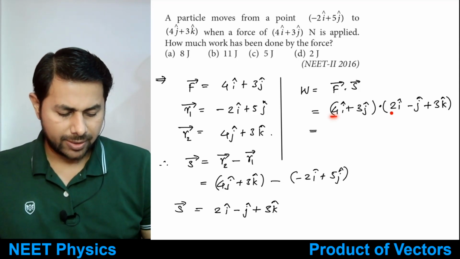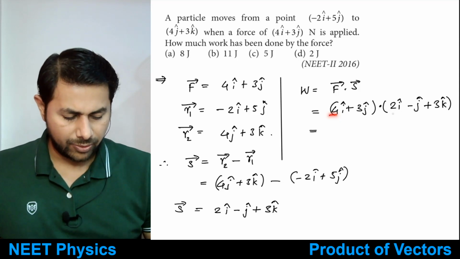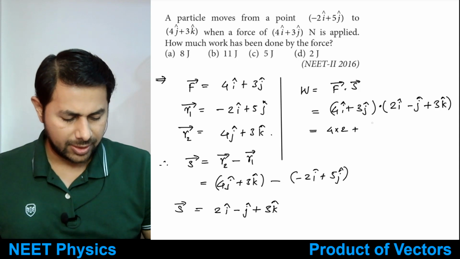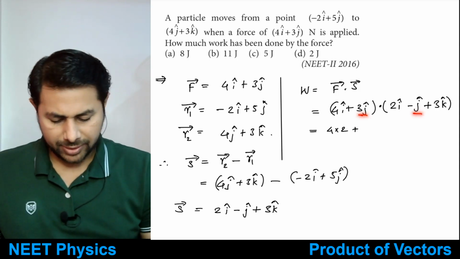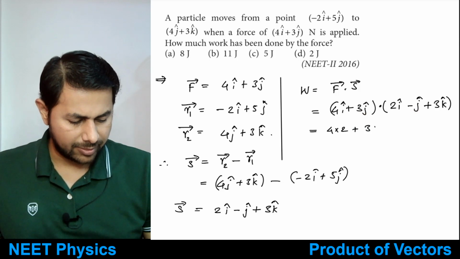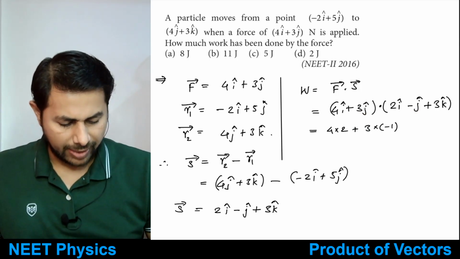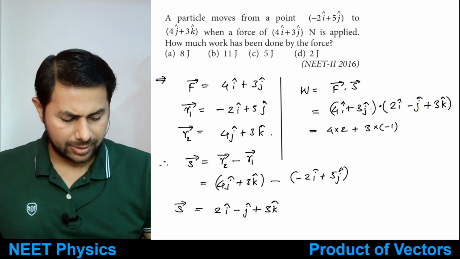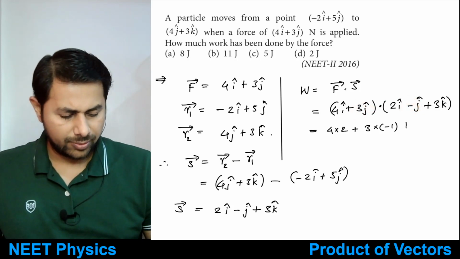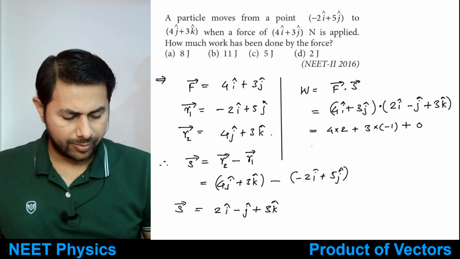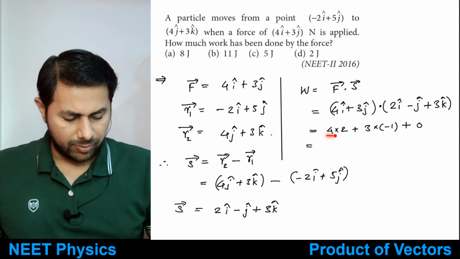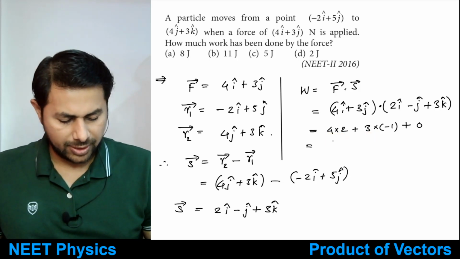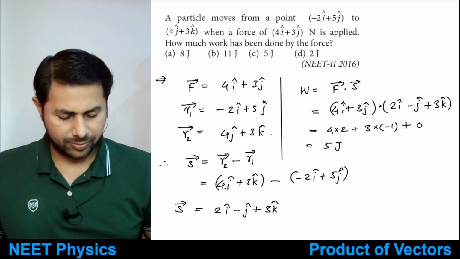So x component with x component, 4 times 2, plus y component with y component, 3 times minus 1. There is no z component, so plus 0. So that is 4 times 2 is 8 minus 3, so it is 5 joules.